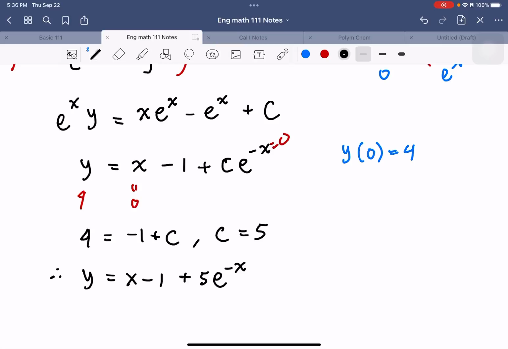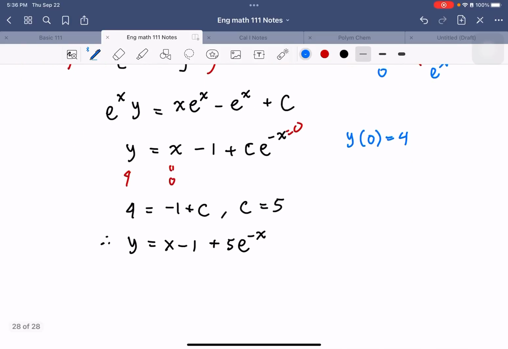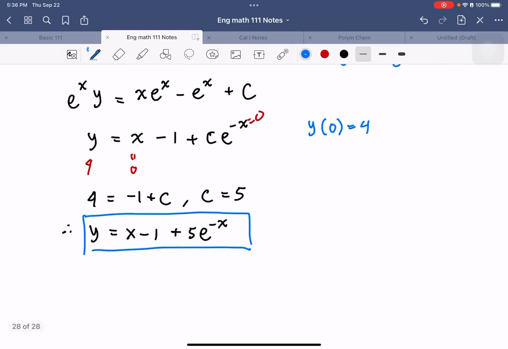Now what I want to explain in this simple differential equation is that our solution actually has two components, right? The homogeneous one and the non-homogeneous one.